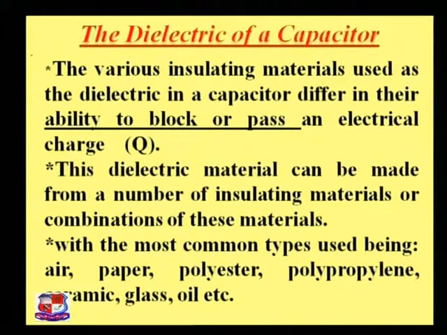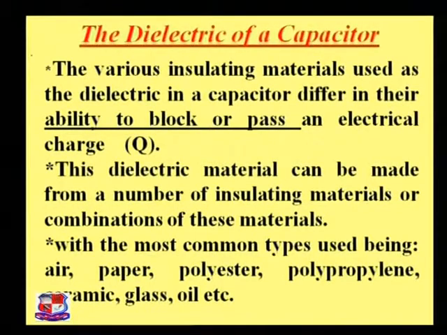Now the dielectric of a capacitor is related to the permittivity. The various insulating materials used as the dielectric in a capacitor differ in their ability to block the current or to pass the electrical charge toward that capacitor.